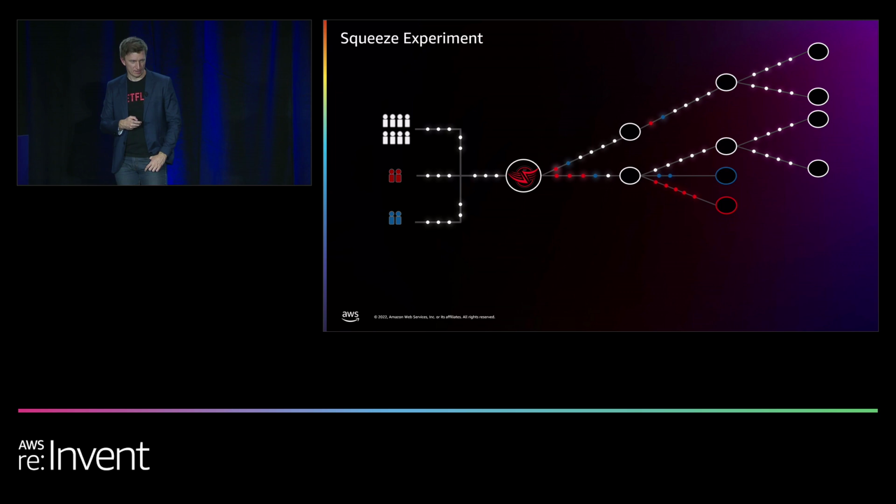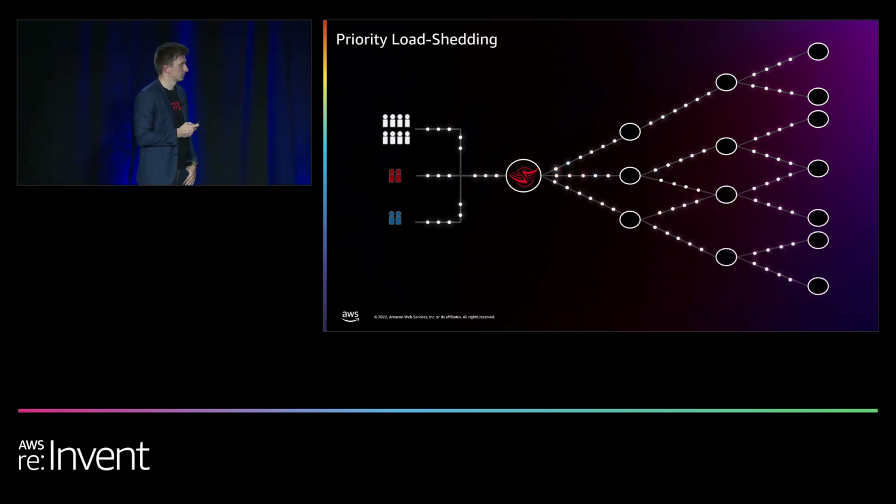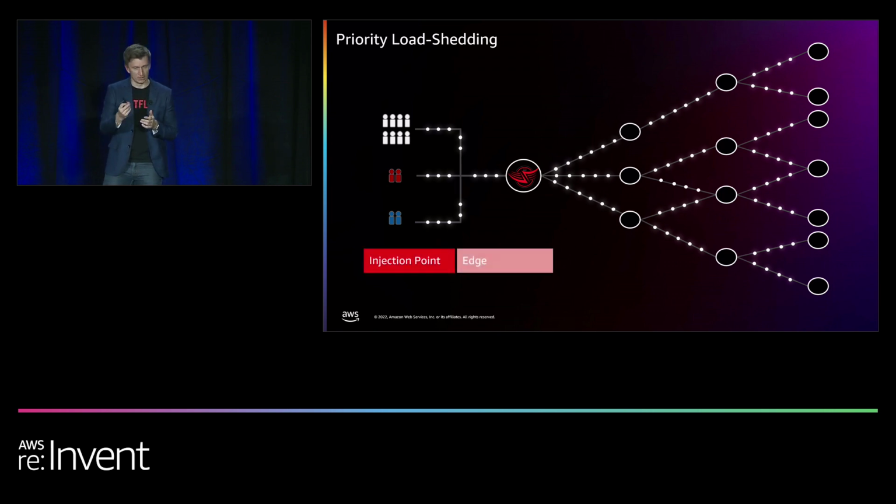And then we have the priority load shedding experiment, which is another type where we take on the experimentation discipline, and we are not experimenting on anything that is happening in our data center, but we have extended the injection point family with a new injection point, which is the edge. That way we can serve different treatments in that edge layer.